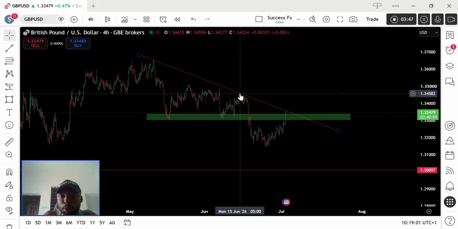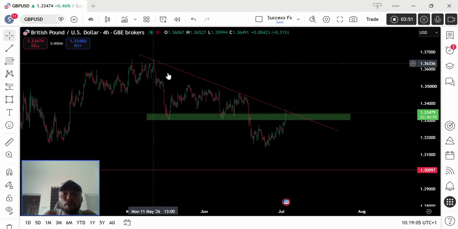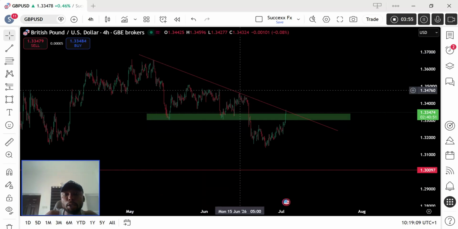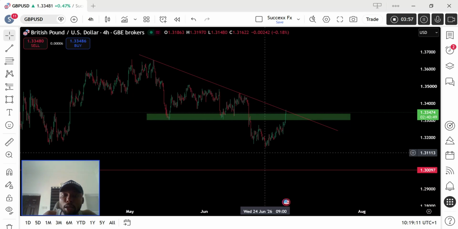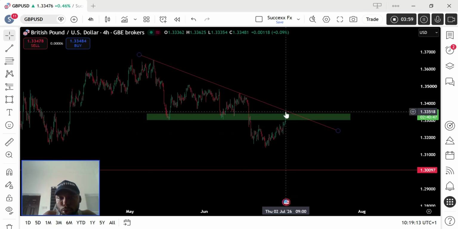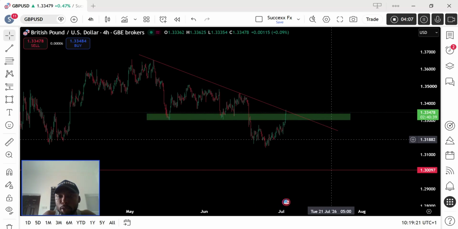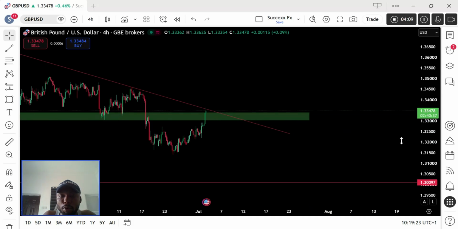We have the second touch of the trend line. As you guys already know, it takes two data points to plot a trend line, and then it takes this third touch to confirm a trend. So we are hoping that this is a downtrend, but of course we need our confirmations.